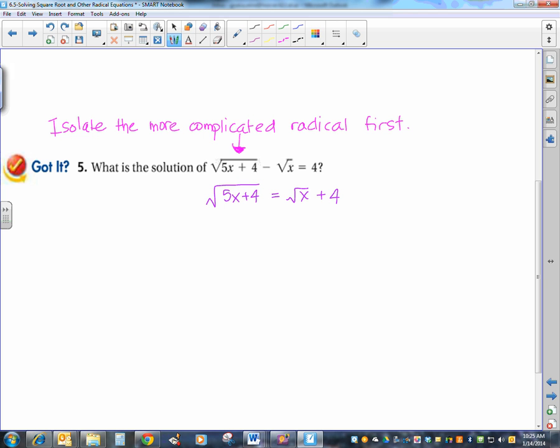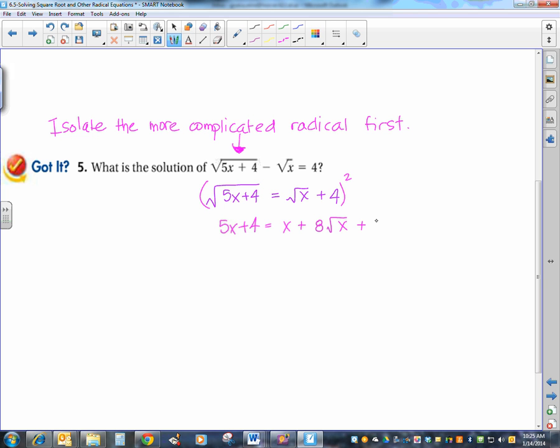Okay? My radicals, my index on both of these is a 2. So I'm going to raise it to the second power. And that gives me 5x plus 4 equals, this squared is x. Then I multiply them together and multiply by 2. That gives me 8 square roots of x.